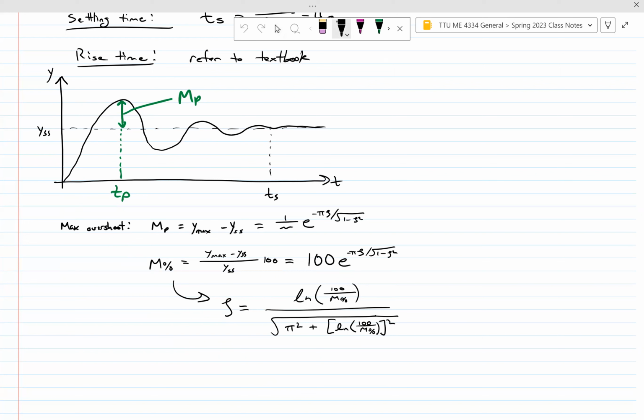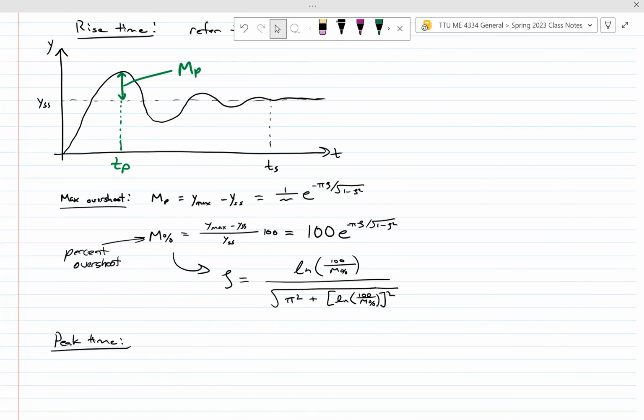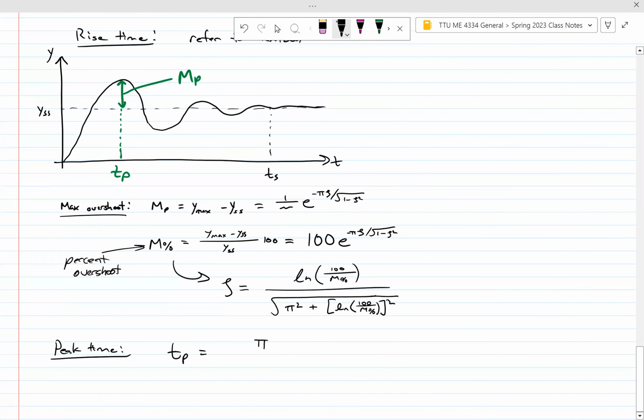Our peak time, T of P, is going to be pi over omega n square root of 1 minus zeta squared.